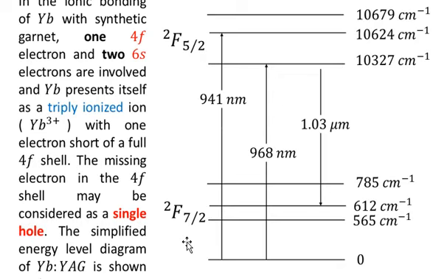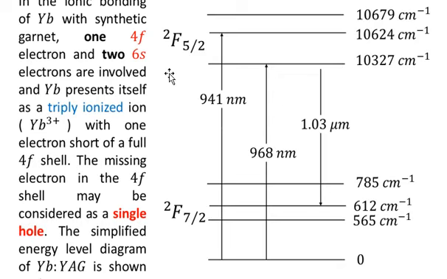So when capital L, which is 3, adds with capital S equal to half, you have 7 by 2, and when you subtract capital S equal to half from capital L equal to 3, you get 5 by 2. And this 2 is the multiplicity, because we have a single electron with capital S equal to half, so the multiplicity is 2, that is doublet. For the multiplicity, the formula is 2 times capital S plus 1.